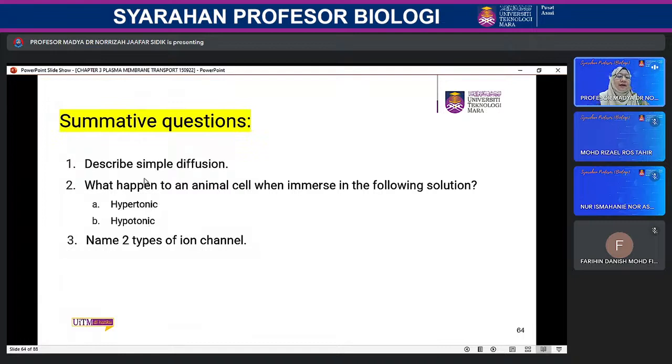You have to read clearly here; this is an animal cell. And three, name the two types of ion channels. So this is my last slide. I hope you will answer the questions and read the books to get more information.